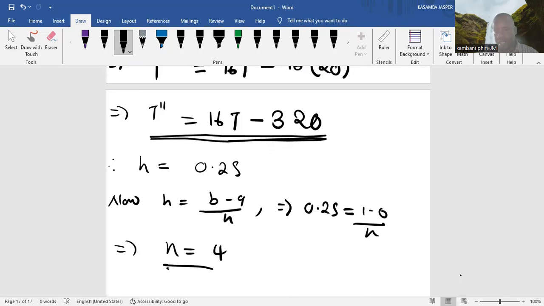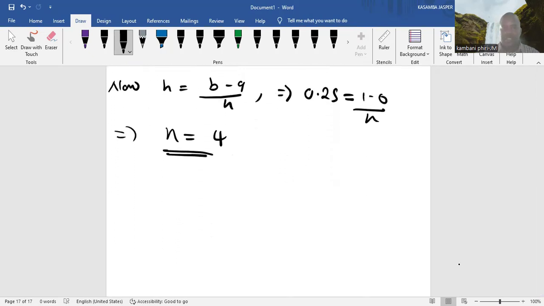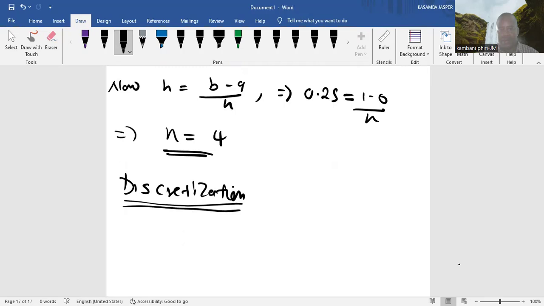All right? Then from here, we can discretize our interval. We say discretization. So this is x0 is 0. x1 is, when you add 0 to 0.25, you have got 0.25.